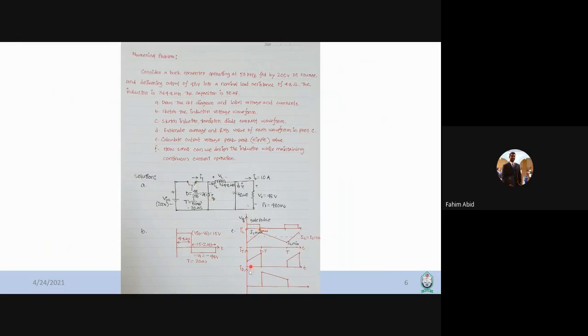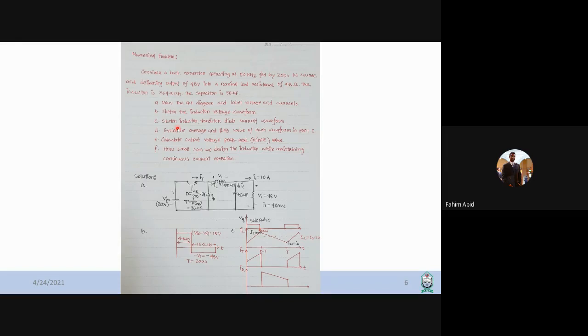So during the on time, the diode current is 0, and when the transistor is off, the diode is conducting, and the diode current is the same as the inductor current at that time.